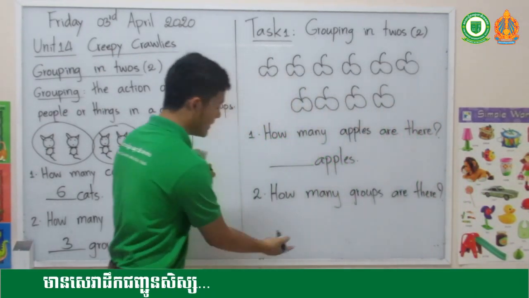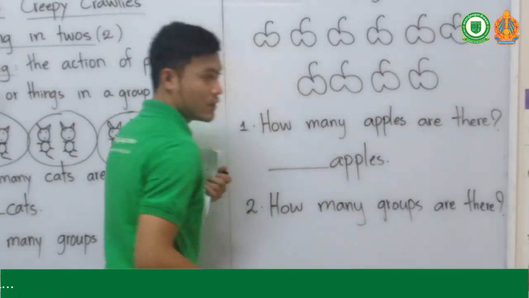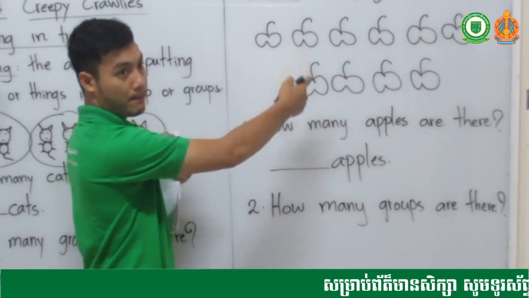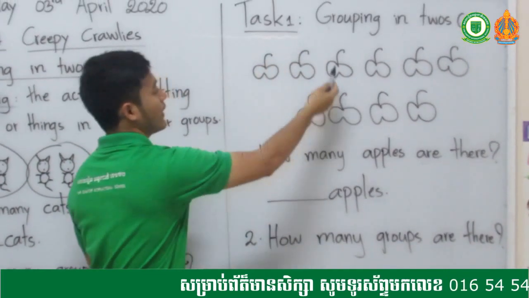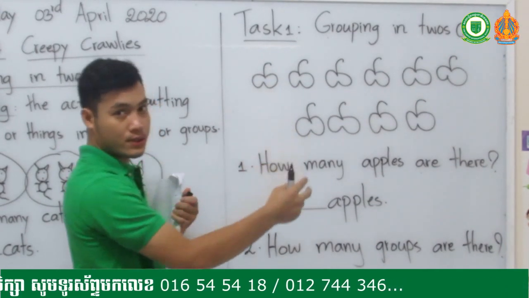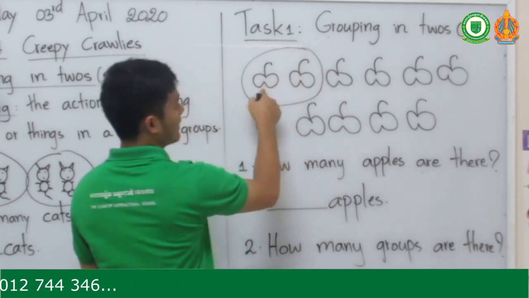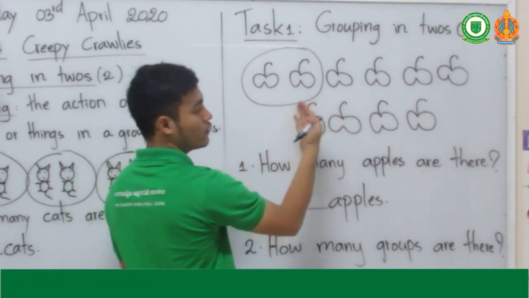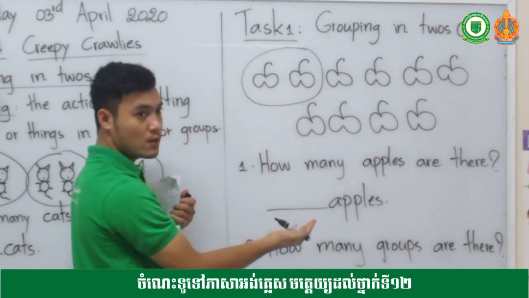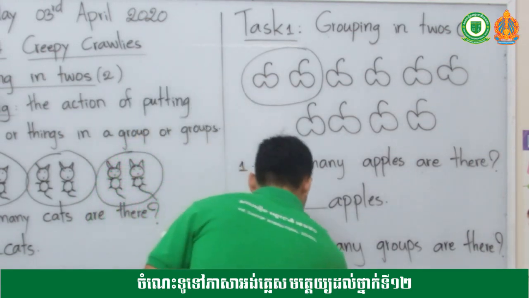For question number 2, you look at the apples and then you need to group them into twos. It means that one group has 2 apples. You circle like this: 1, 2, 1, 2, and then you continue to do the rest. After you group into twos, you count the groups and complete the answer here.